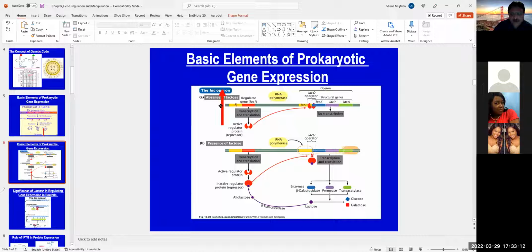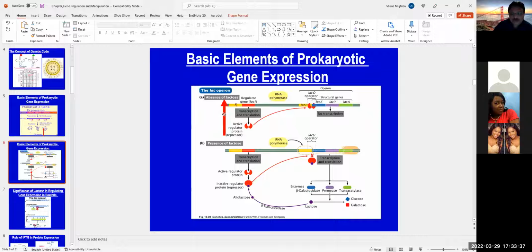It is called the lac operon because it is a gene which expresses those proteins that are involved in lactose metabolism. So lactose is one of the staple bacterial diets when glucose is absent, right? When glucose is present, they don't need to work.